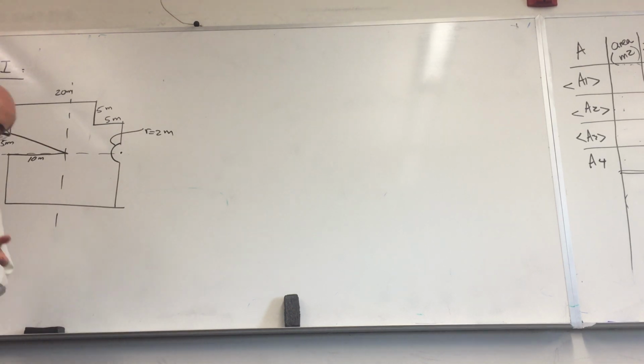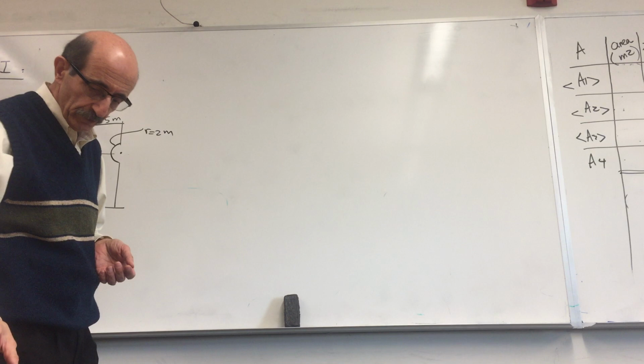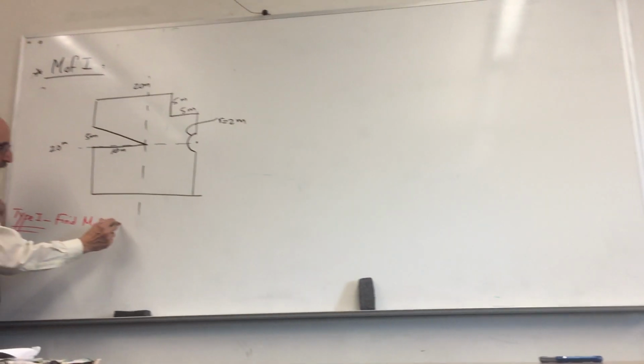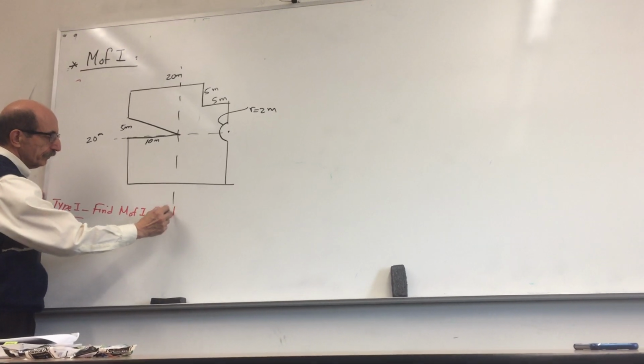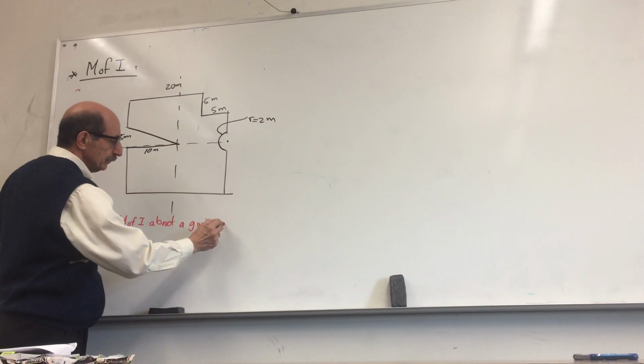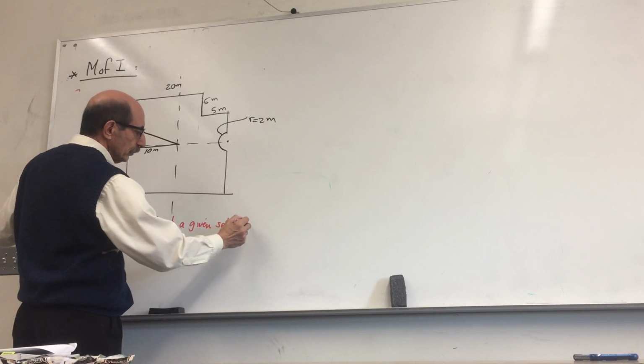In moment of inertia problems, the composite shapes, there are two cases, or two types. Type 1, which is mostly the kind of problem that the book gives you, is you're asked to find a moment of inertia about a given set of axes.